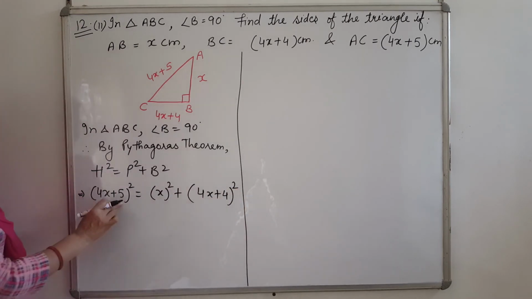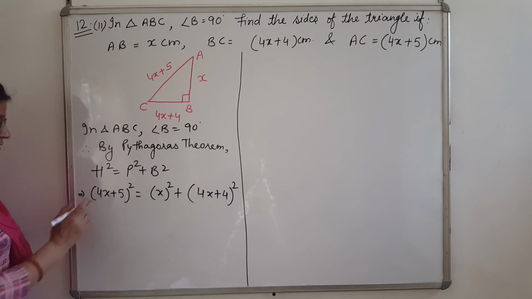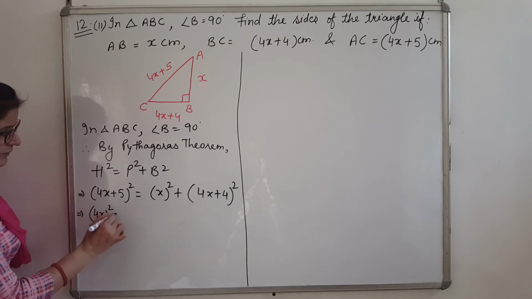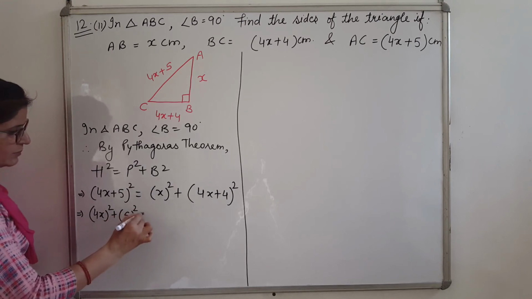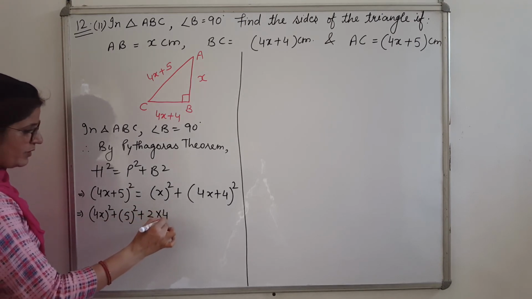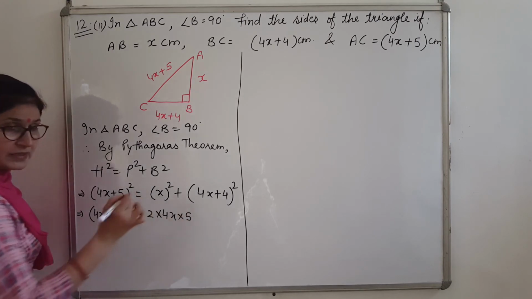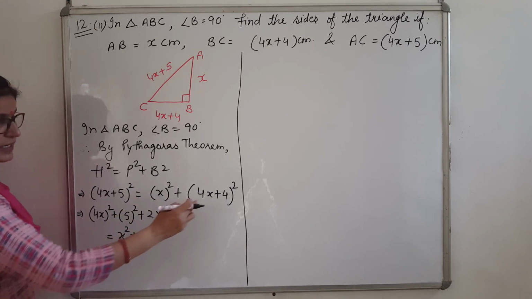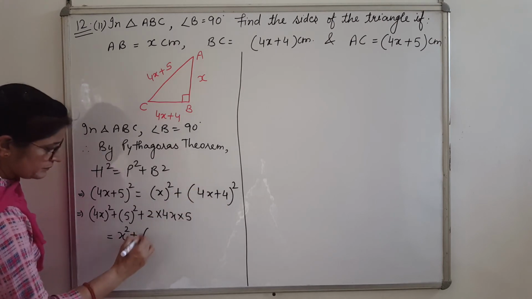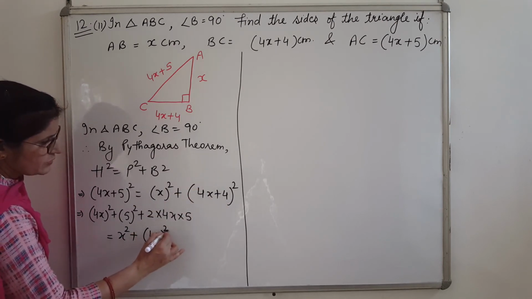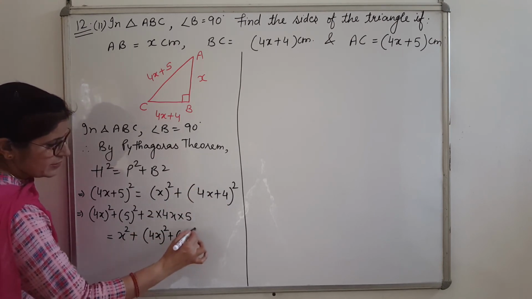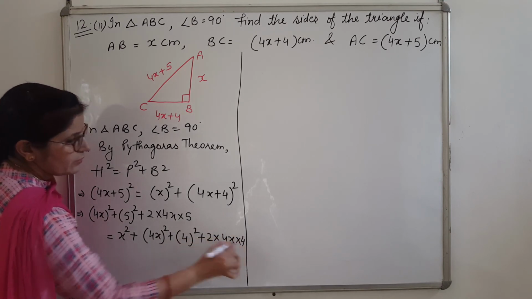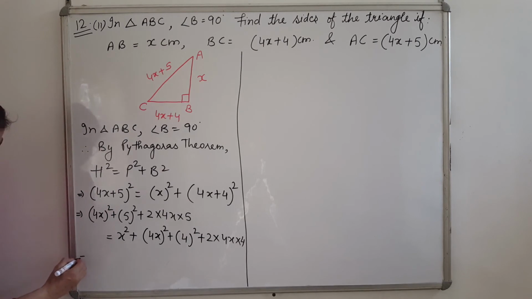Now here we apply the identity of a plus b whole square. According to this, a square plus b square plus 2ab equals x square plus, here again a plus b whole square, 4x whole square, 4 square plus double of their product. We substitute the values. Now solve it.